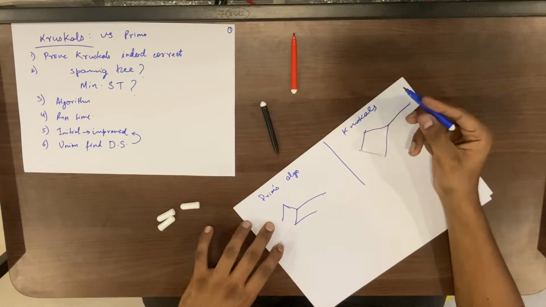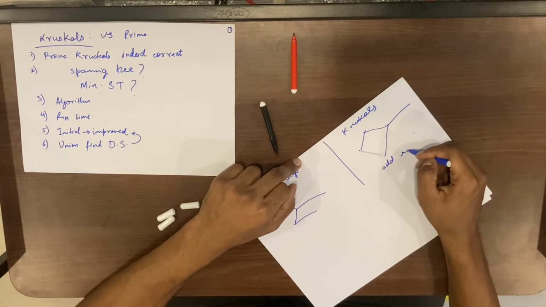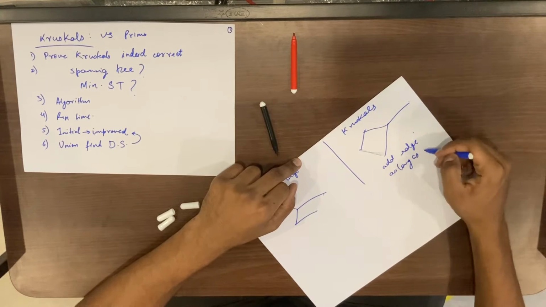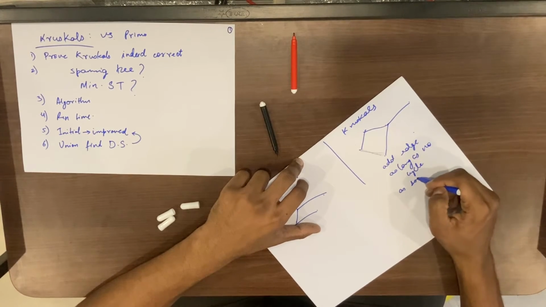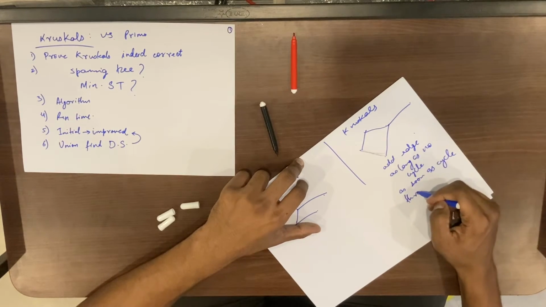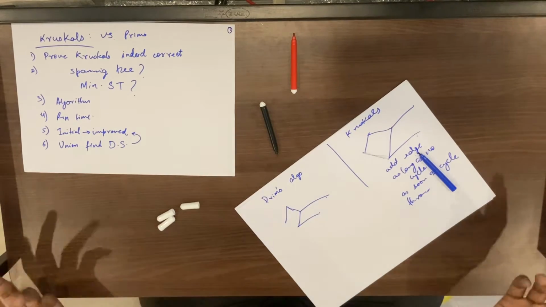So Kruskal said, no, we're not going to do that. Add an edge as long as there is no cycle. As soon as there is a cycle, throw it. So it seems a pretty straightforward greedy paradigm.